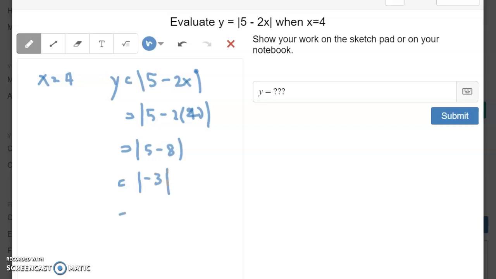Now this is the time you are going to be getting rid of the absolute value symbol, because you are going to apply the absolute value of negative 3, which turns out to be 3. So y is going to be equal to positive 3. Notice the difference between this and the previous slide. Because of the absolute value, the final answer became positive 3.